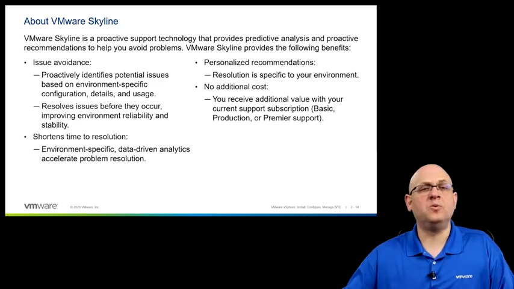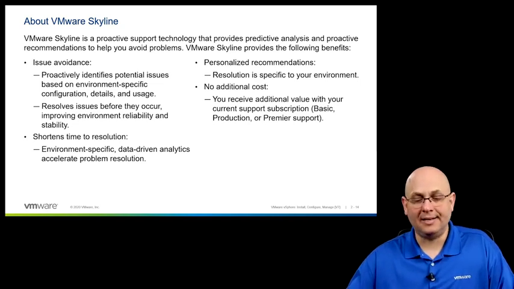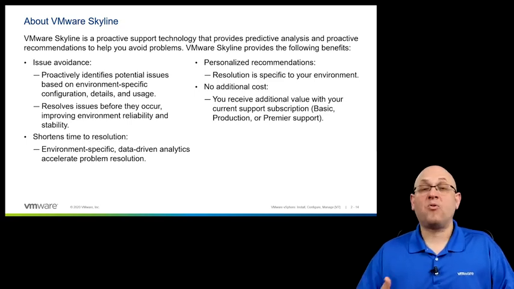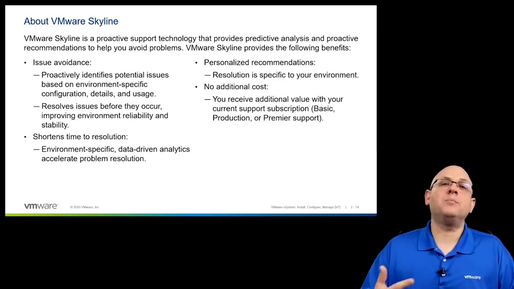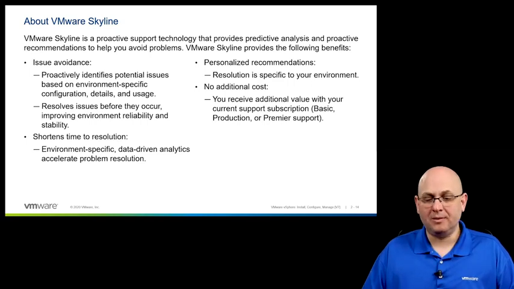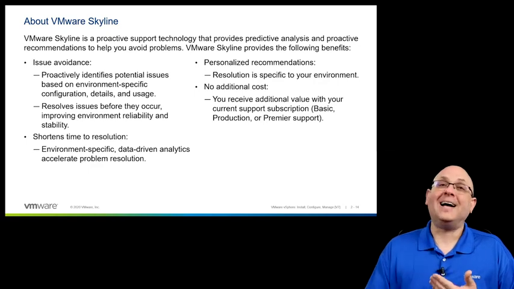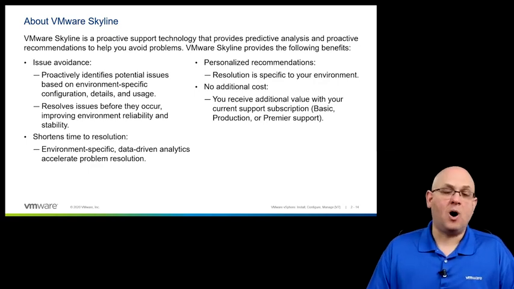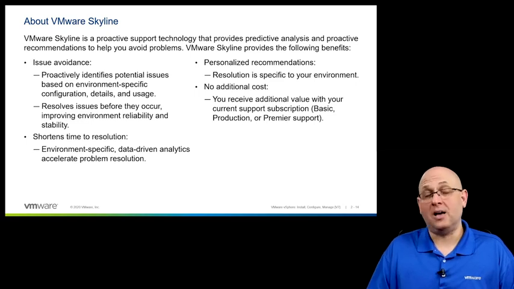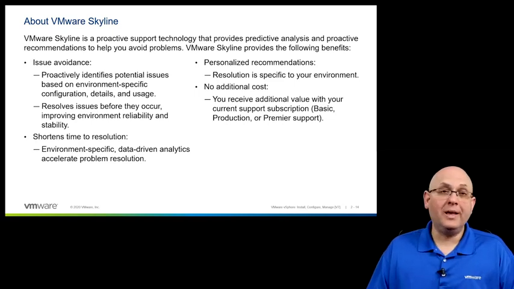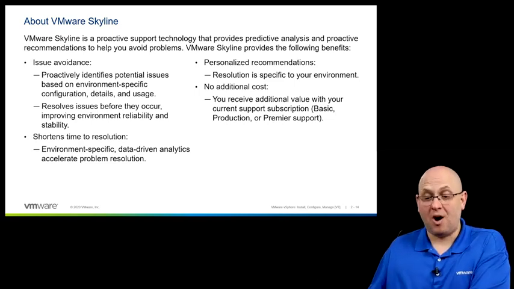Well, VMware has a relatively new set of features called Skyline. Okay? And Skyline can inform you proactively when there might be some hardware issues going on in the environment. This allows us to avoid potential issues, identifying things like hardware incompatibilities, hardware failures or component failures within the hardware, allowing us to resolve these issues really before they become major problems.